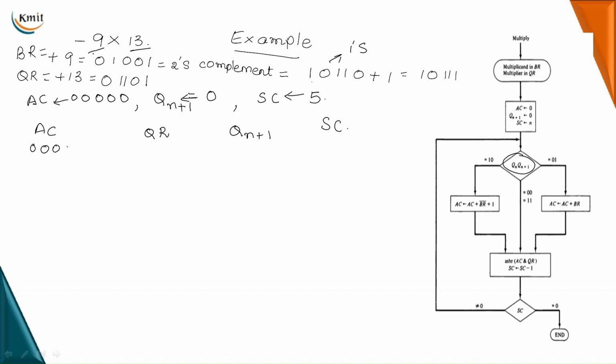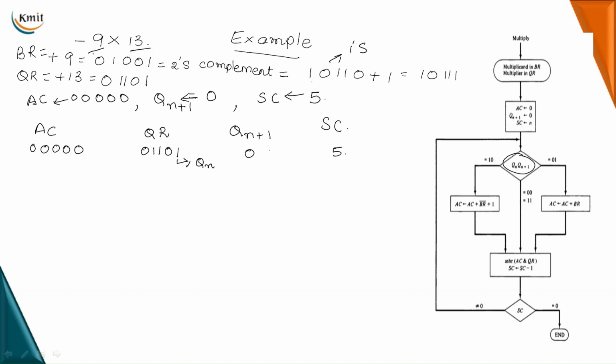It is initially all zeros, the content of QR is 01101, Qn plus 1 is initialized to 0, and the sequence counter is initialized to 5. Qn is nothing but the least significant bit of your multiplier, so the Qn bit is 1.